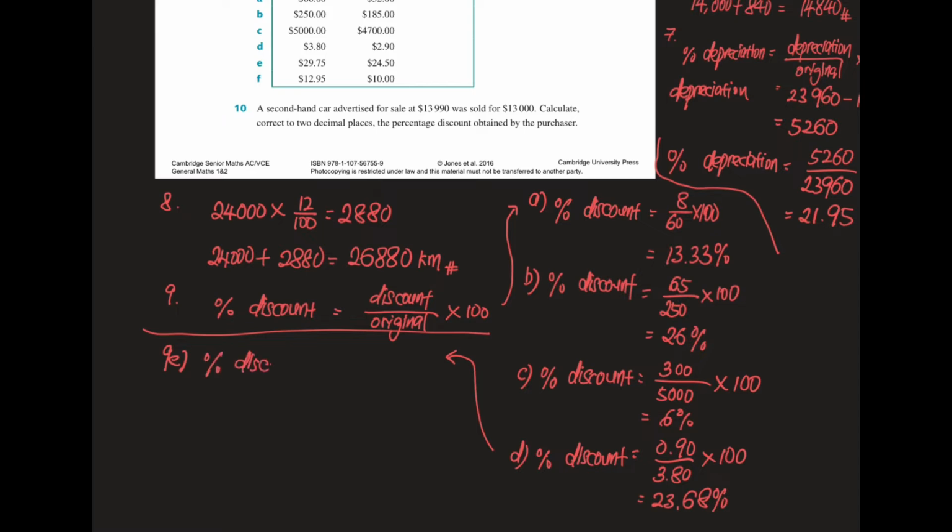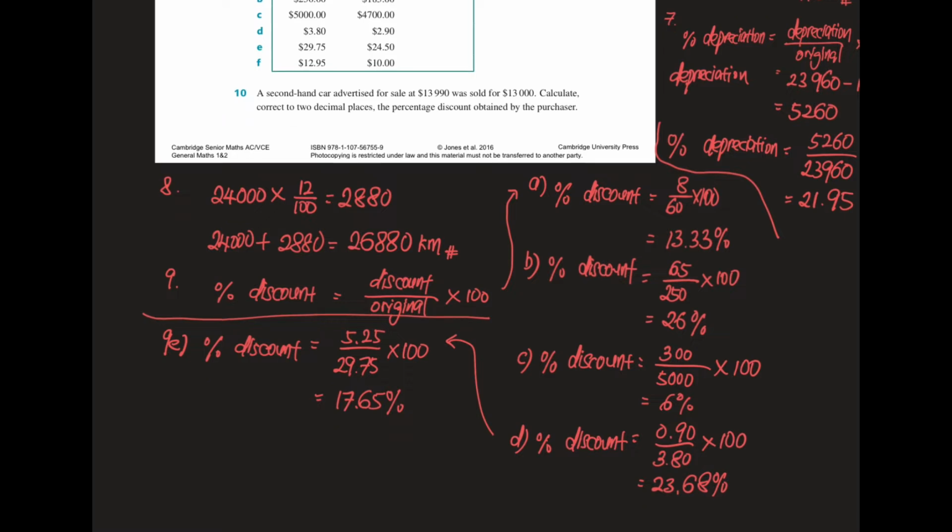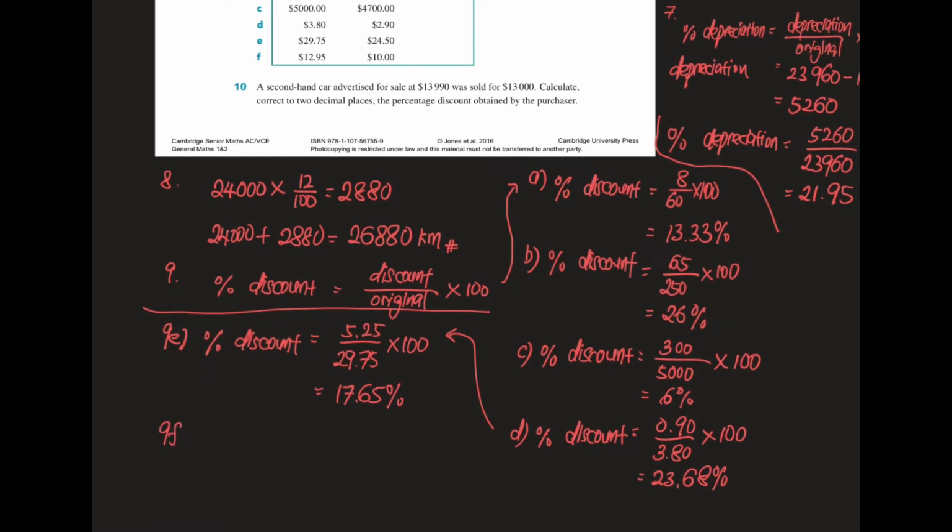So the percentage discount, $5.25 over the original $29.75 times 100. So we get 17.65%.